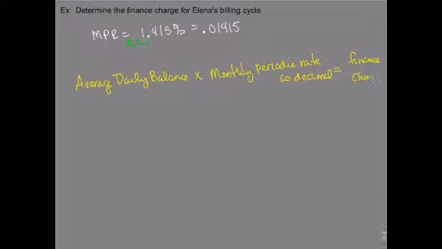And just in case anybody forgot, the monthly periodic rate is the APR divided by 12, which they had already done for us. So her average daily balance was $854.46. Her monthly periodic rate is 0.01415. So I'm going to multiply those together.